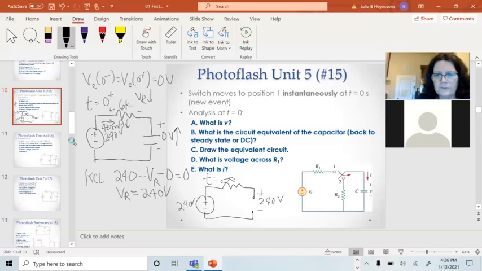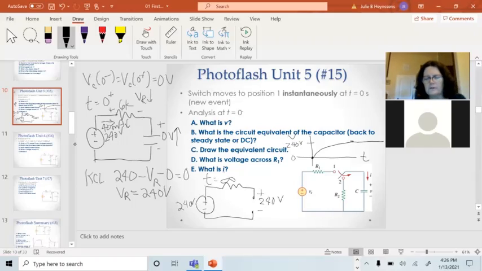If I want to plot this, at t equals 0, you're going to go from 0, and this is V, and this is 240 volts. I'm going to start out at 0, and sometime later, probably less than infinity, I'm going to exponentially go up to 240 volts and stay there. That's the most voltage I can get out of that circuit. I don't know how fast it's going to happen yet, but we'll get to that in a second.